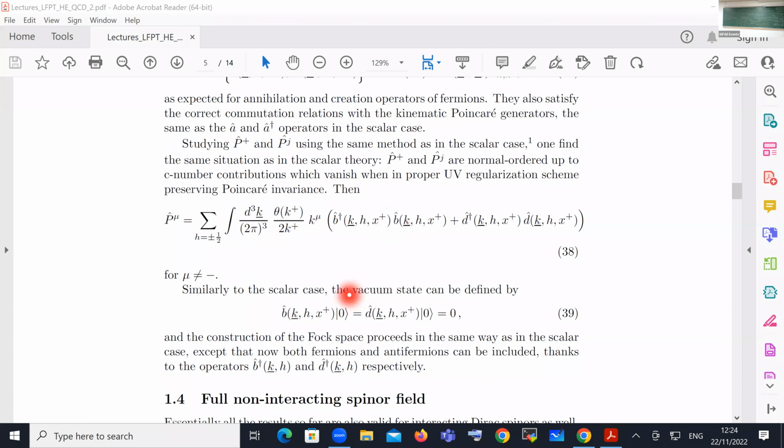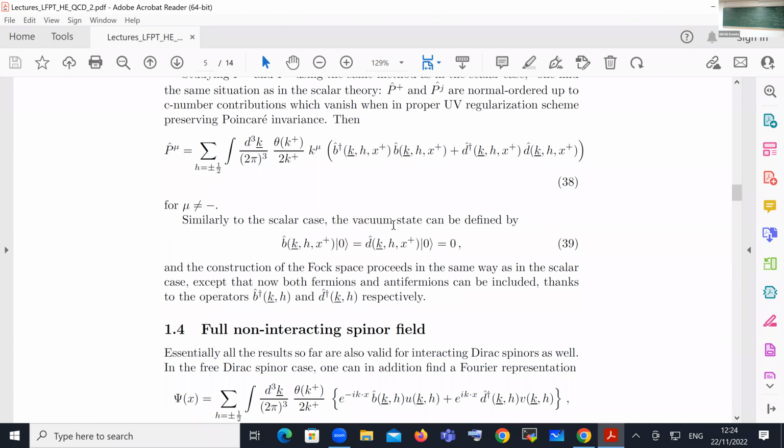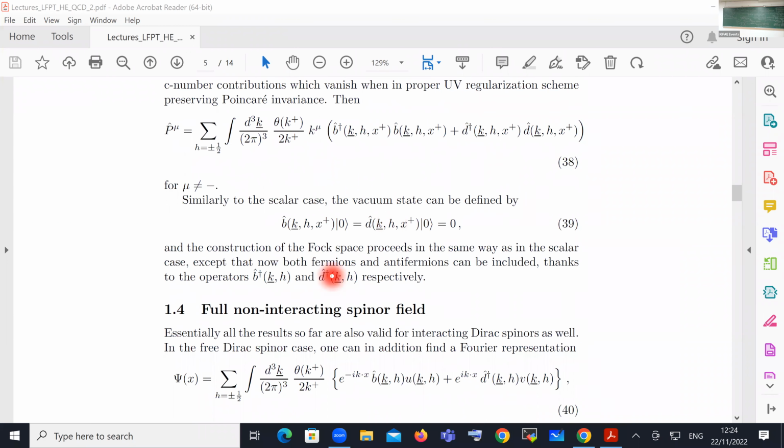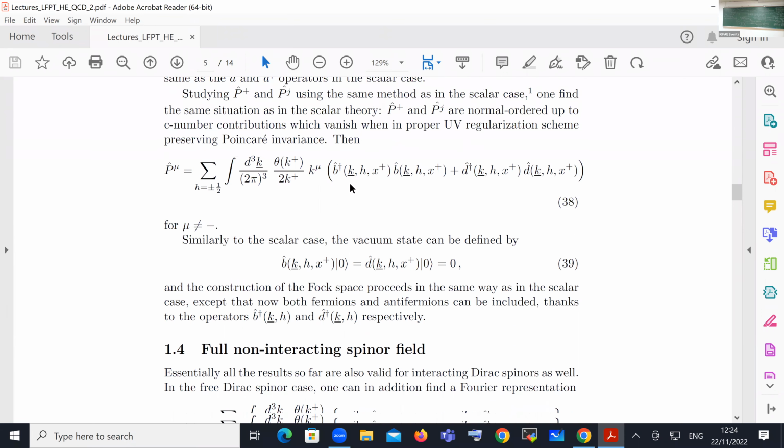All this construction was done at some given x plus. We can construct the Fock space at each given x plus, because we have the vacuum, and then we can act with b dagger and d dagger to create other higher Fock states and so on. Everything works very similarly. Of course, you have to be careful with the anti-commutation and signs, but apart from that, it's very similar to the scalar case.